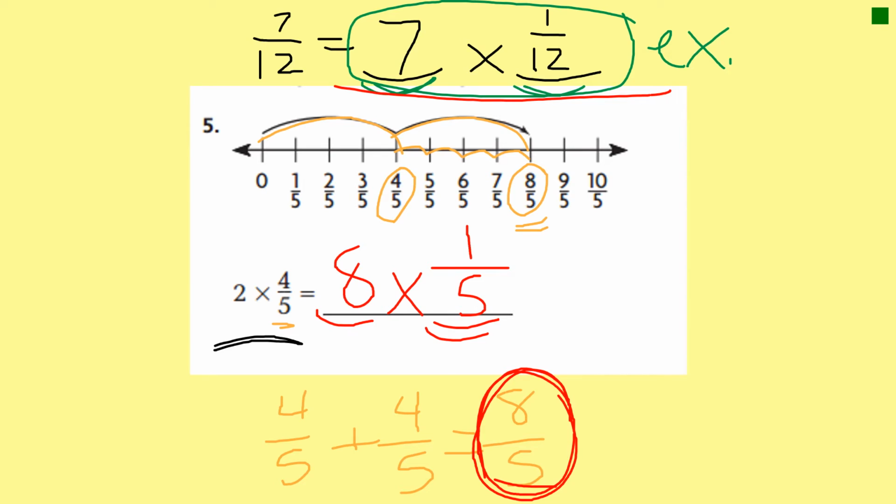Well, it's 8. So 2 times 4/5 is the same as 8 times 1/5. Does that make sense to you guys? Two sets of 4/5, which is 8/5, written a different way, is 8 times 1/5. Nice job.